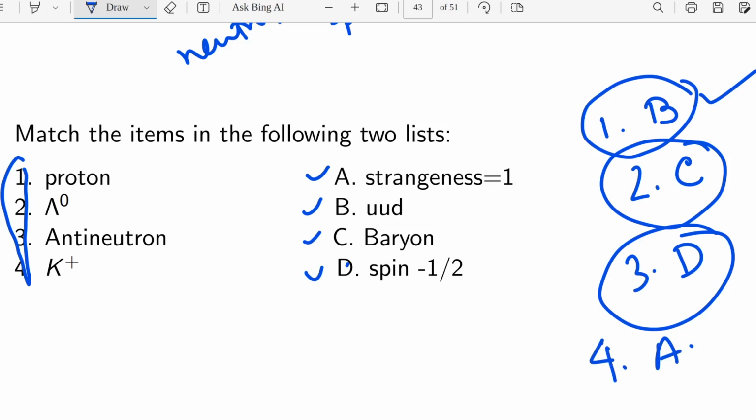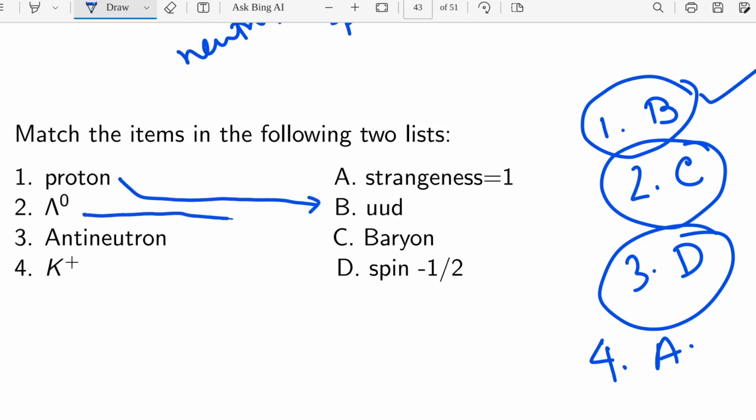So what is the right combination of these two? Proton is this one, lambda is this one, antineutron this, K is this one.